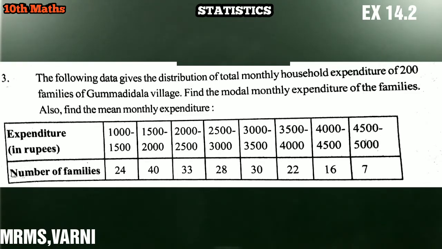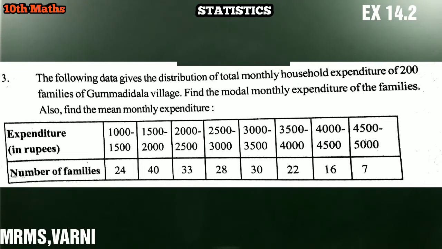So look at the given data once. 1000 to 1500 rupees 24 families, 1500 to 2000 rupees 40 families, 2000 to 2500 33 families, 2500 to 3000 28 families, 3000 to 3500 30 families, 3500 to 4000 rupees 22 families, 4000 to 4500 16 families, 4500 to 5000 rupees 7 families. So with this data we have to find mean and mode.